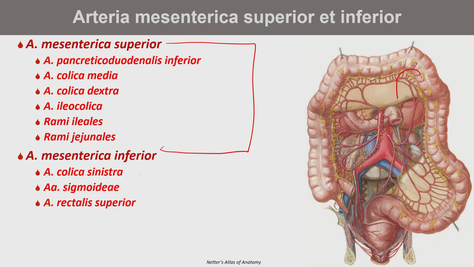This way is in the region of the splenic flexure, where there is an anastomosis, which is called, according to the author, the Riolan anastomosis. And this Riolan anastomosis is a way how the blood is able to flow between those two arteries. This collateral circulation is important in situations when one of those arteries is occluded.